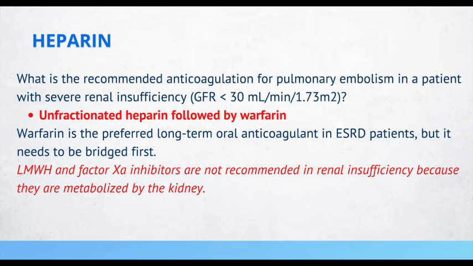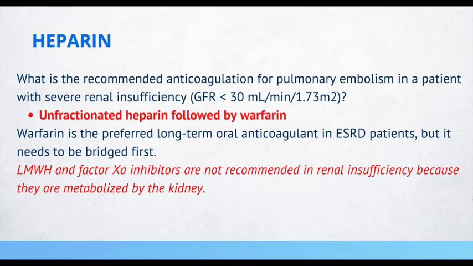So you'd want to avoid these two drugs in patients who have severe renal insufficiency. But you would give unfractionated heparin followed by warfarin because warfarin is the preferred long-term oral anticoagulant in end-stage renal disease patients, but it needs to be bridged first with unfractionated heparin.